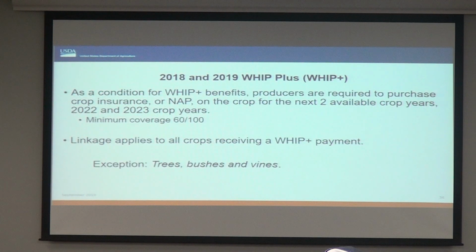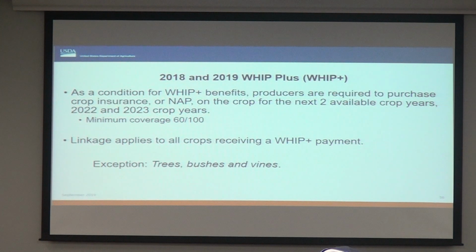Then as a condition, if you receive a WIP payment on a crop, you'll have to meet that insurance linkage as well. Of course, the next two available consecutive crop years are 2022 and 2023, and it's the same: you have to have at least 60% coverage on your production. The only exception under WIP Plus is any trees, bushes, or vines.